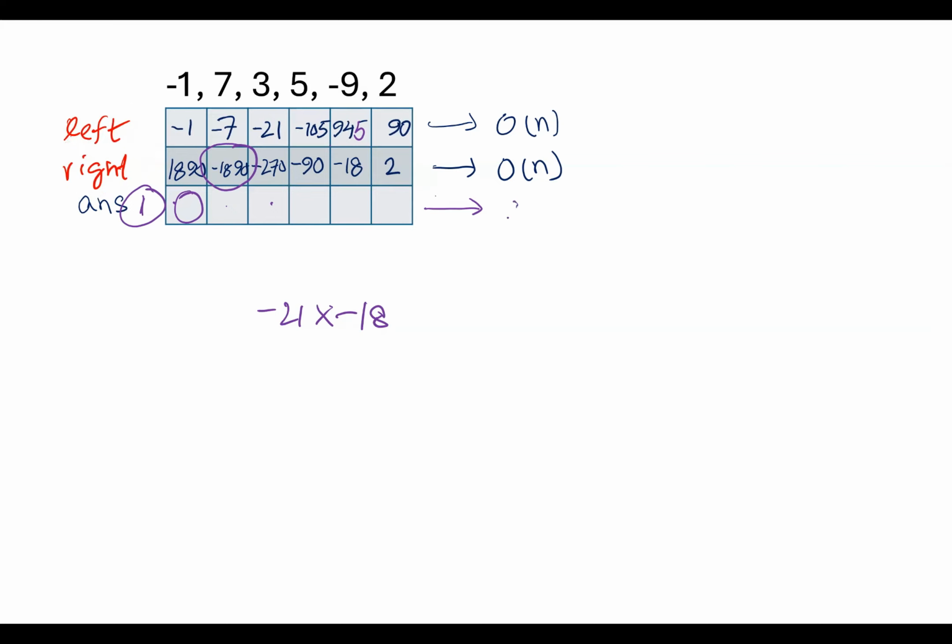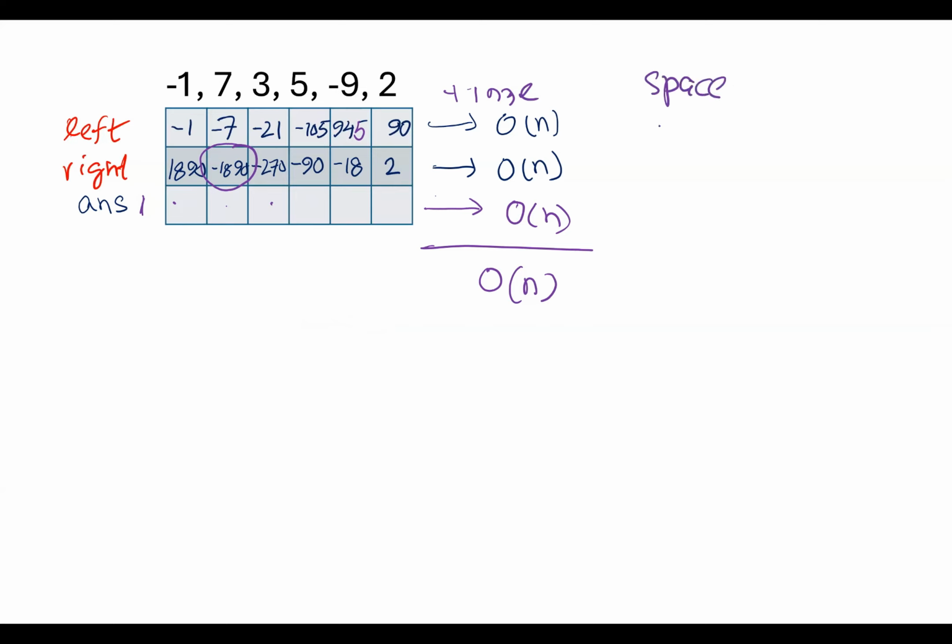So this is going to be order of n. Now we got an amazing order of n algorithm without using any division operator. We are just doing multiplication. The only trade-off is that we are using some space. So this was the time complexity. The space complexity is going to be, as you can see, we keep an extra array of order of n here, order of n here.